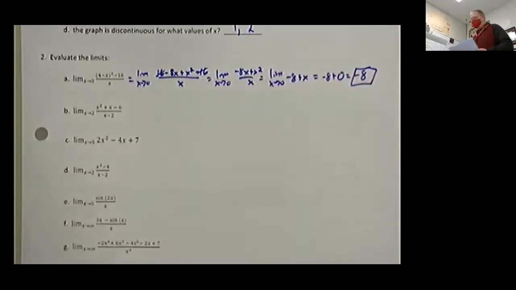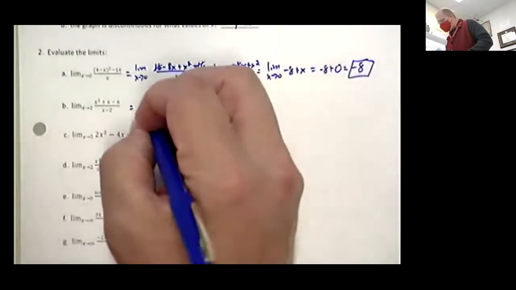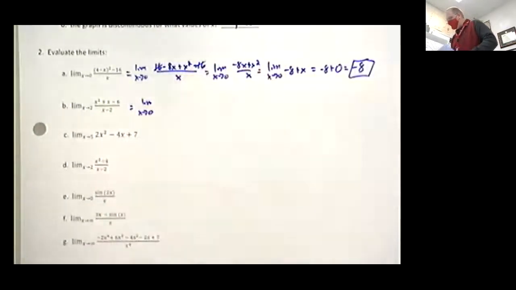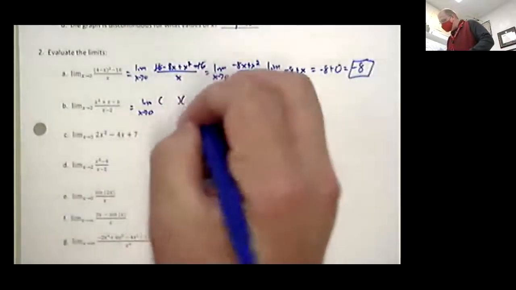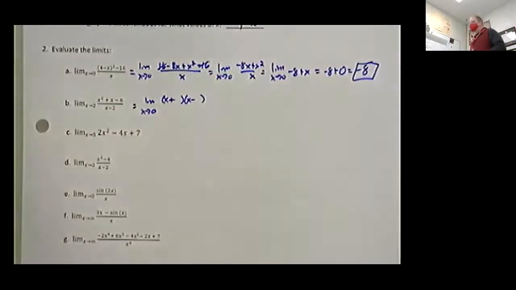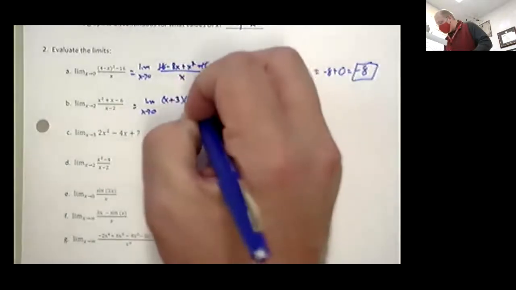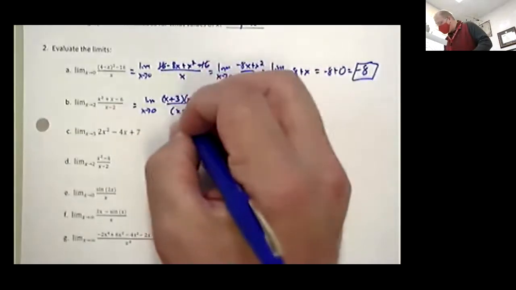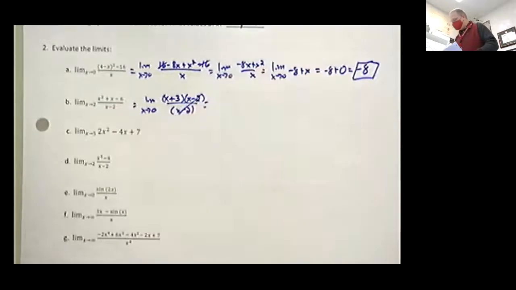Letter B, another trick we can use is to factor. So we can factor the numerator. This is the limit as x goes to 2. Signs are different. Multiplies to give x squared is x and x. Multiplies to give negative 6, subtracts to give plus 1, has to be a plus 3 and minus 2 over x minus 2. The x minus 2's cancel.